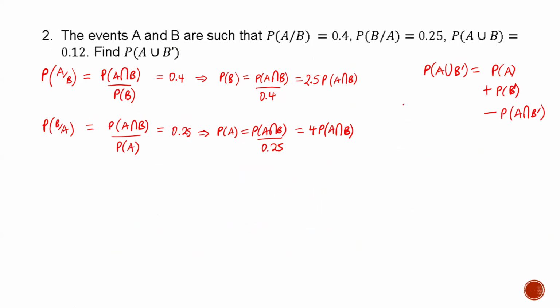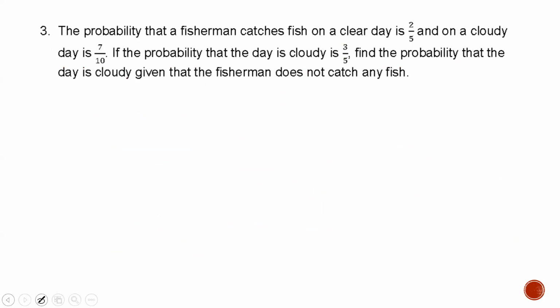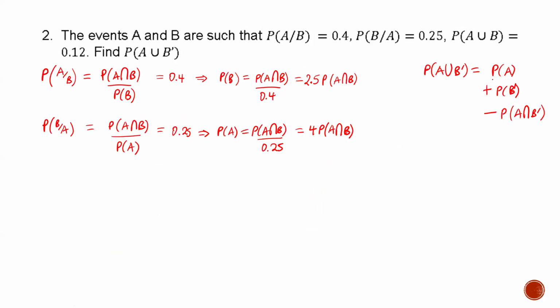That means we need the probability of A, the probability of B complement, and the probability of A intersection B complement. These are things we have at the back of our mind while approaching this question.